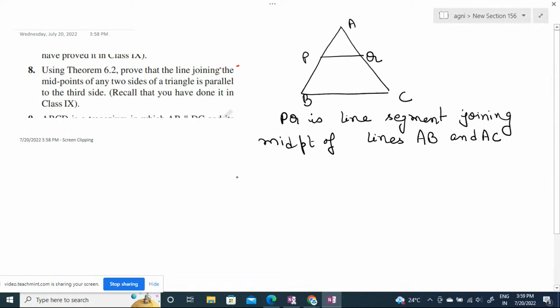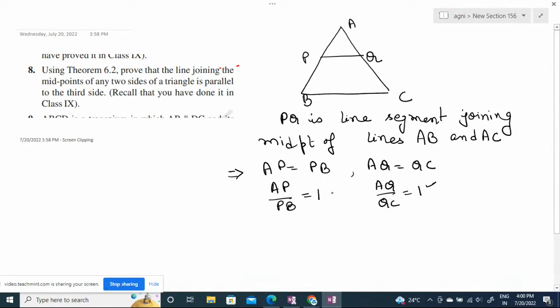So AP is equal to PB because it is a midpoint, and AQ is equal to QC because that was a midpoint. So when we find the ratio AP over PB, it is equal to 1. Similarly, AQ over QC is equal to 1.